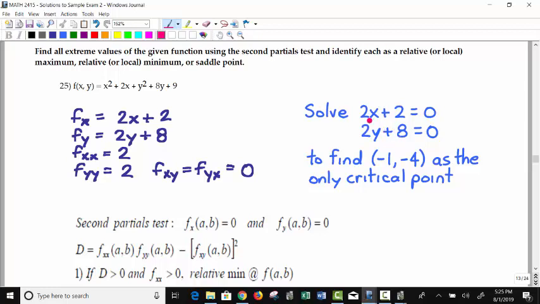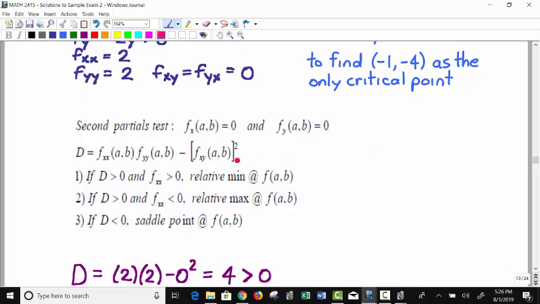So x has to be -1 and y has to be -4. This one's a little bit basic numerically. I would expect definitely more challenging than this on a test, but it's a good start. So -1, -4 is the only critical point. So we're trying to figure out if it's a relative max, min, or saddle point.